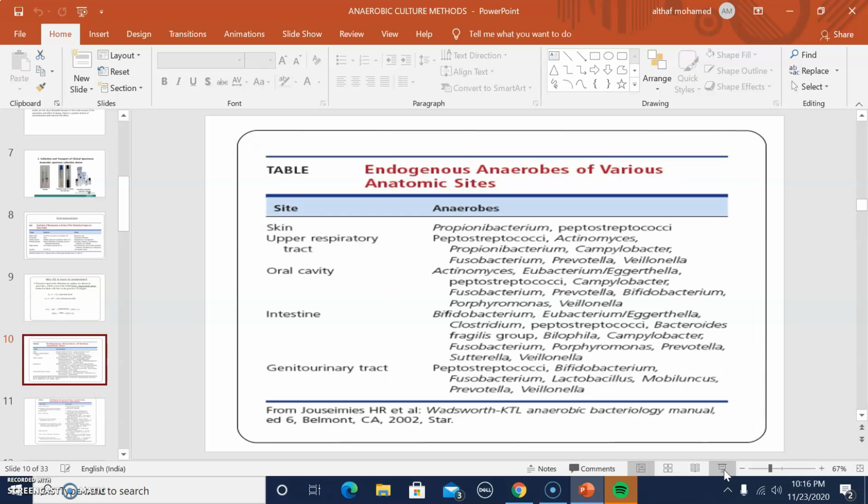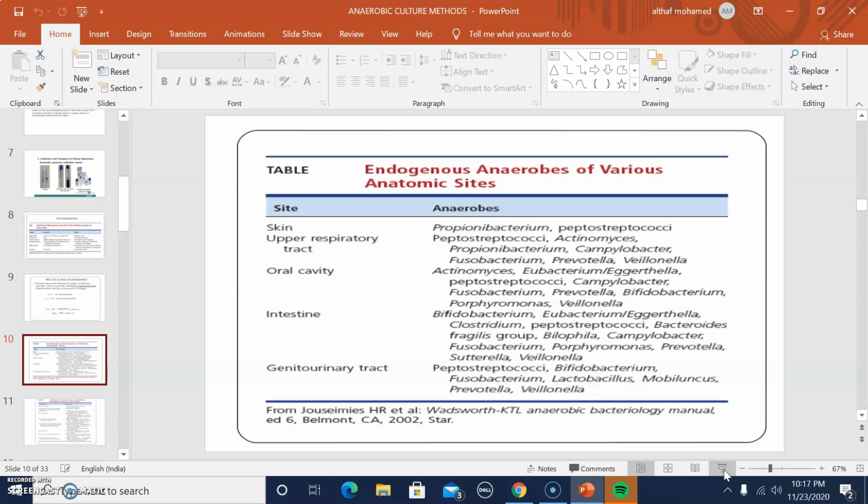Now, these are some of the endogenous anaerobes of various anatomic sites. In the case of the skin, the most important anaerobes are Propionibacterium and Peptostreptococci. In the upper respiratory tract, the most important anaerobes are Peptostreptococci, Actinomyces, Propionibacterium, Campylobacter, Fusobacterium, Prevotella and Veillonella.